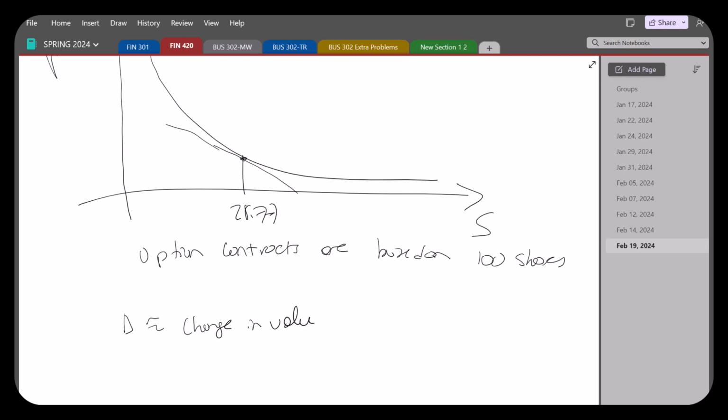Change in value of one contract, 100 shares, when the underlying changes by 1 cent.